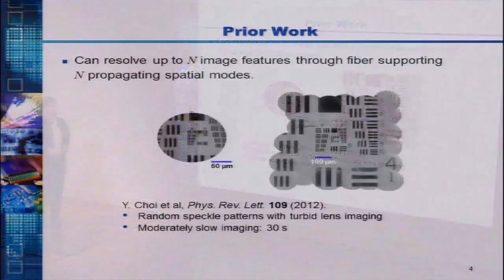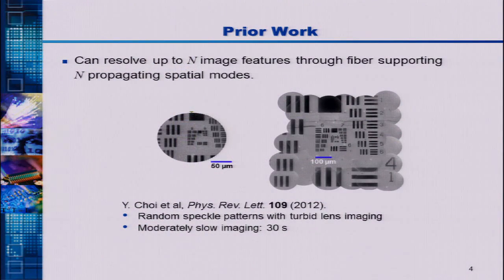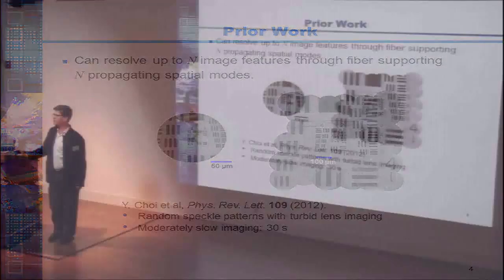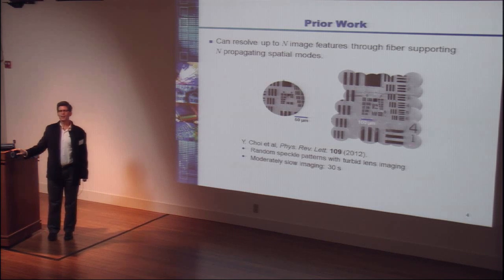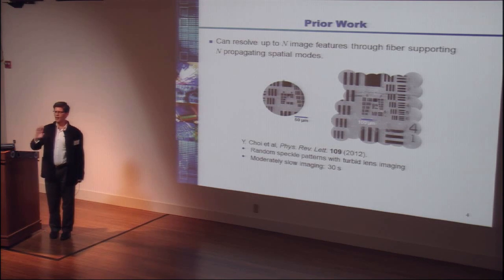And another paper used a different approach. This was a team in Korea that published their work in Physical Review Letters, and they actually didn't form spots of light, but they used random speckle patterns. And the nice thing about using random speckle patterns instead of forming spots of light is that they were able to use galvanometric beam scanners to form the speckle patterns and they operate much faster than spatial light modulators.